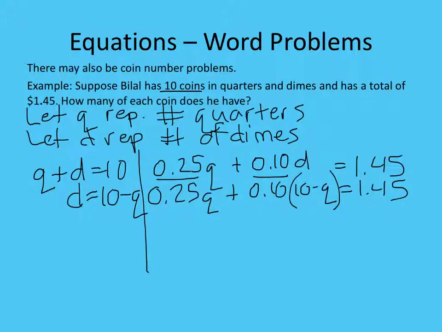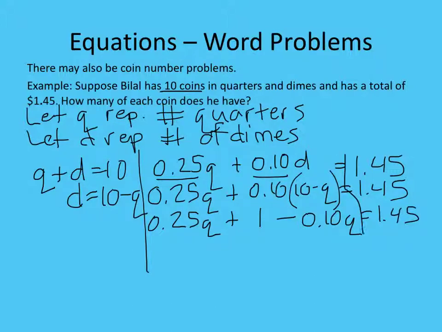First thing I'm going to do is the brackets. So 0.25Q plus 0.10 times 10 gives me 1. 0.1 times a negative Q gives me negative 0.1Q. So ideally my equal signs should be lined up.